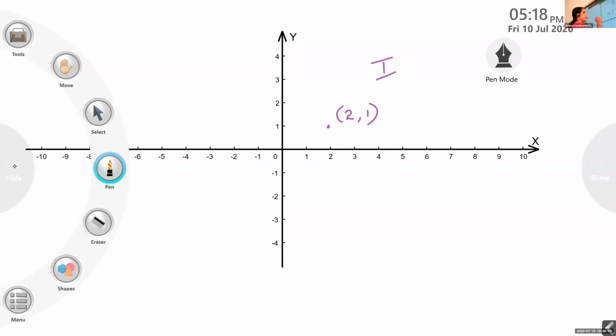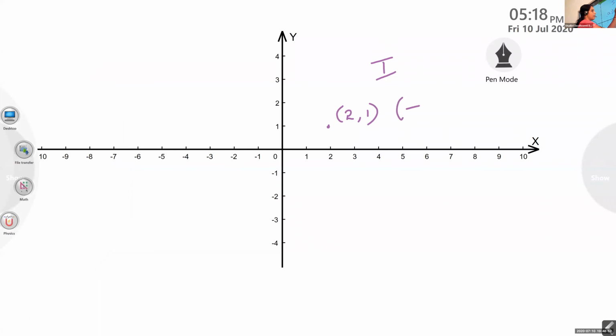The sign of the point is positive and positive. Okay, children? So what are the signs of the coordinates in the first quadrant? Positive and positive.